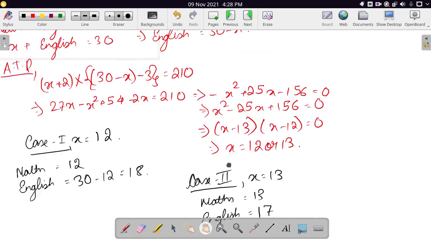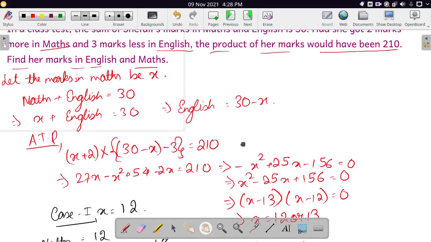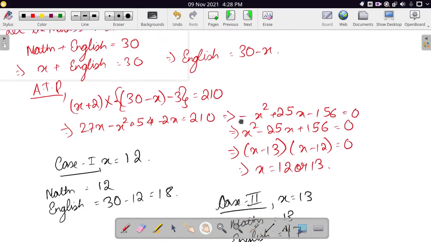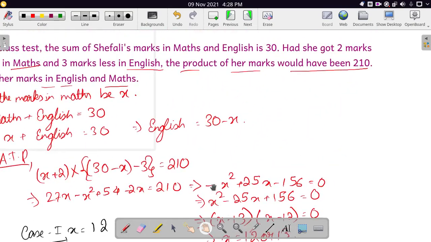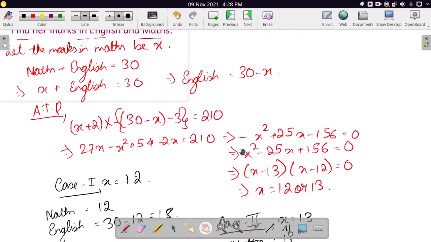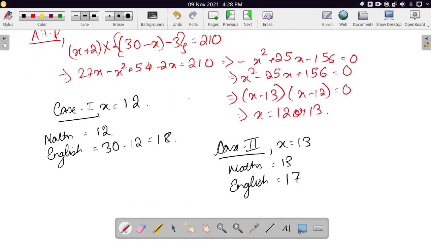So what are we asked to find? We are asked to find her marks in maths. So we have two answers here. Case 1 also agrees. Case 2 also agrees.